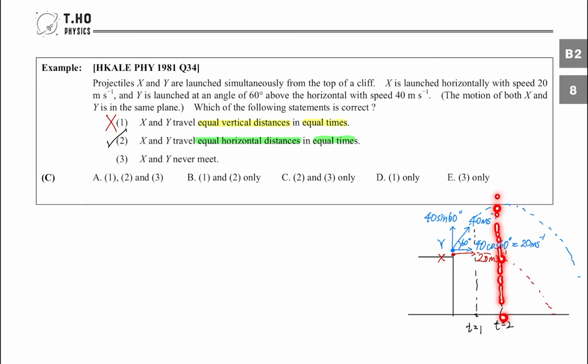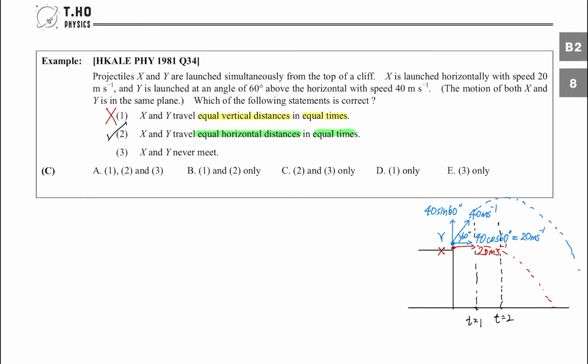However, as we can see, because X and Y have a different vertical speed, X travels horizontally at first and Y is going upward at the beginning. They are under gravitational attraction, the same gravitational acceleration.